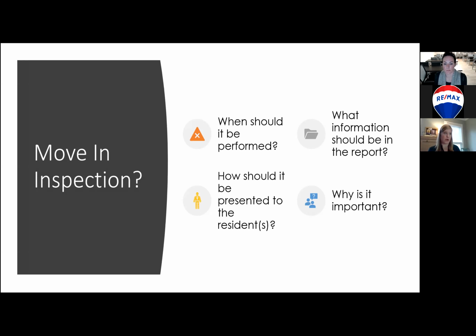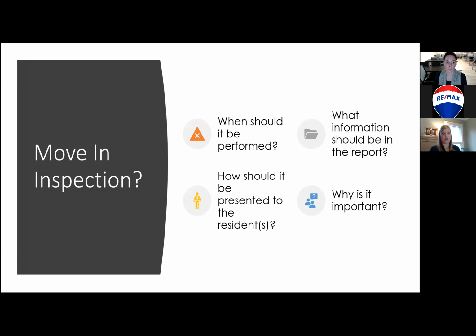Ever since I've been in property management, I've always taken photos of the property, the move-in photos and then move-out photos, because I just feel like it's very difficult to argue with a photograph. So if the tenant moves out and says that scratch was on the wall when I moved in, it's a lot easier to show them the photo that they signed off on that shows there was no scratch on that wall. So I always include photos.